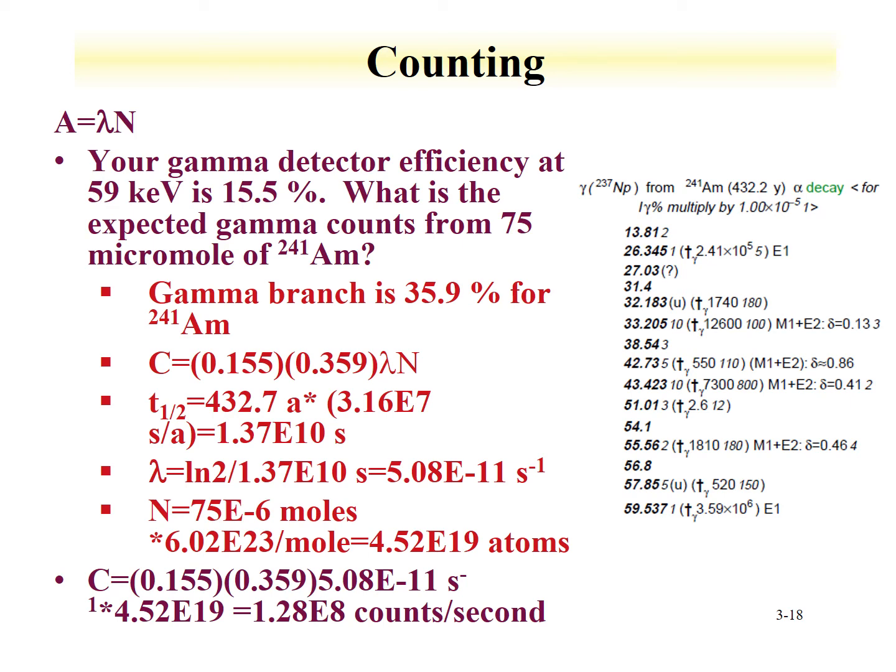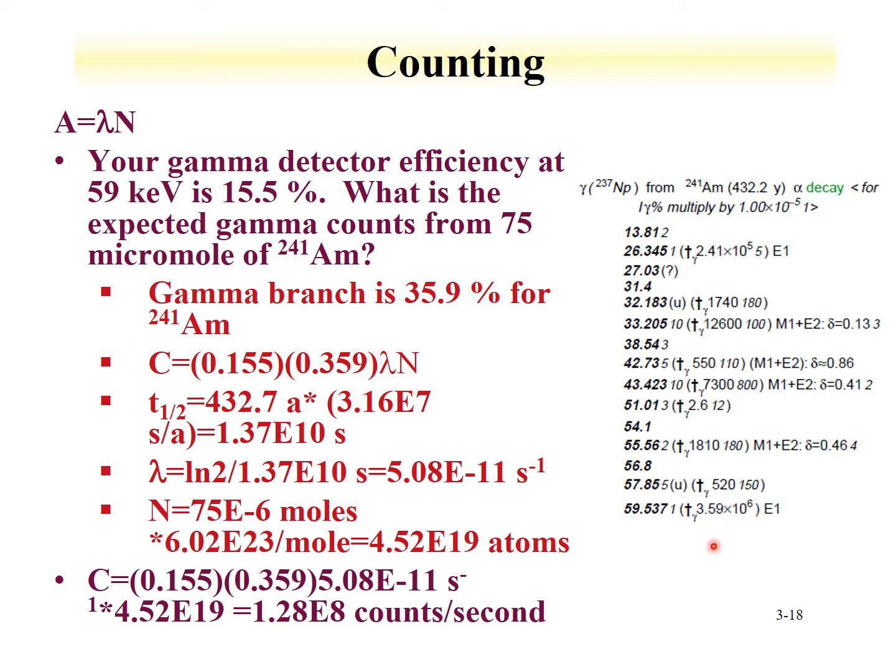Well, I use this information here to get the gamma branch, which is for americium-241. The gamma branch at 60 keV, so 59 right over here, I multiply it by 1 times 10 to the minus 5. This is 3.56 times 10 to the 6.